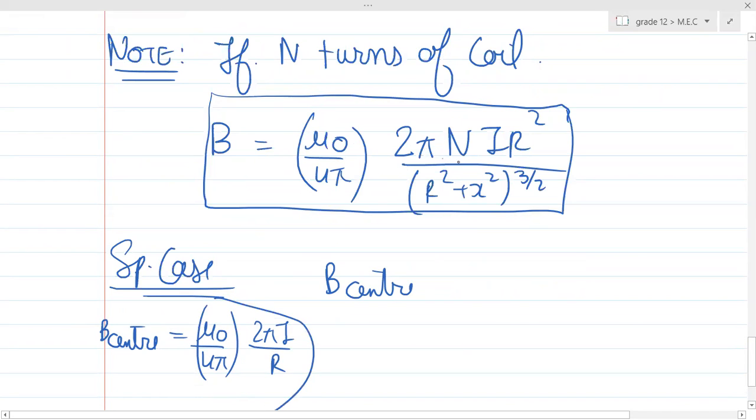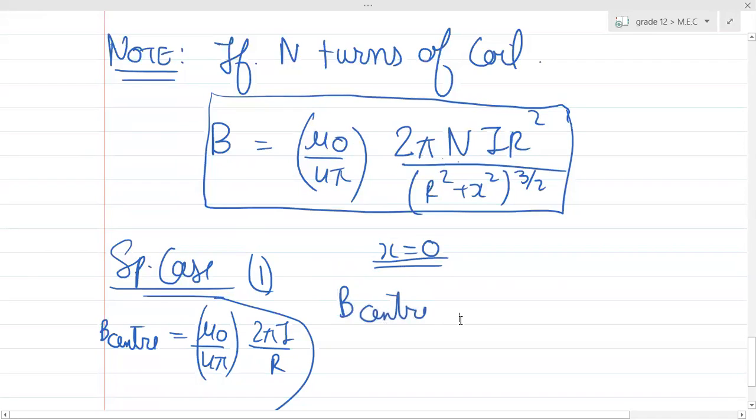In this formula, if I put x equals 0, I get the center case. You never ever cancel out the pi and 2. Let mu naught by 4 pi be mu naught by 4 pi, because this is a simpler value, which is 10 to the power minus 7.